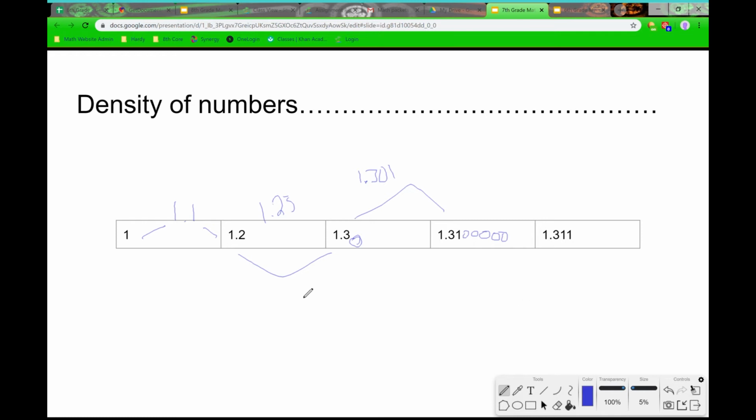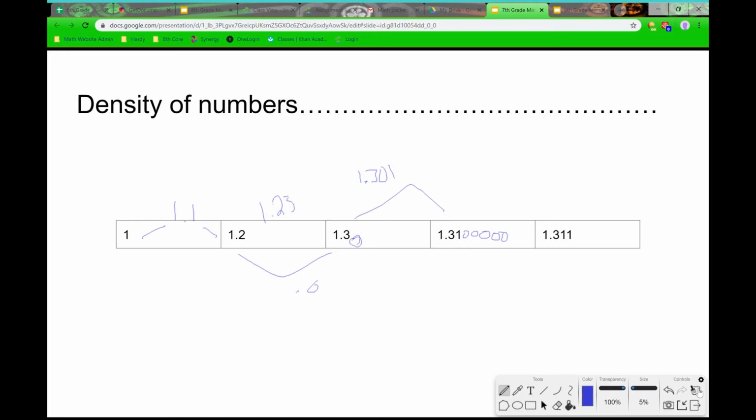I like to show my students 15, 20 zeros out here, and then 15, 20 zeros out here, and I can still add more decimal places to get smaller and smaller. And that's the density of numbers. I can always find more and more numbers between any two numbers, no matter how small.